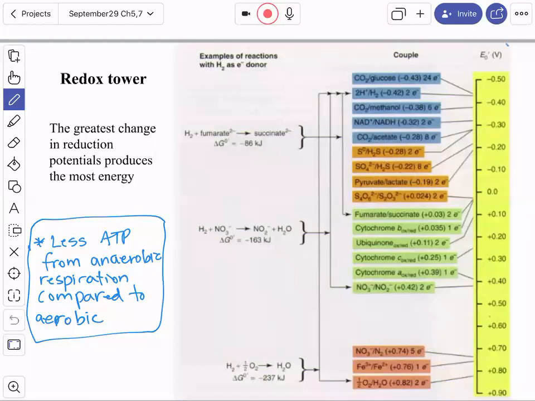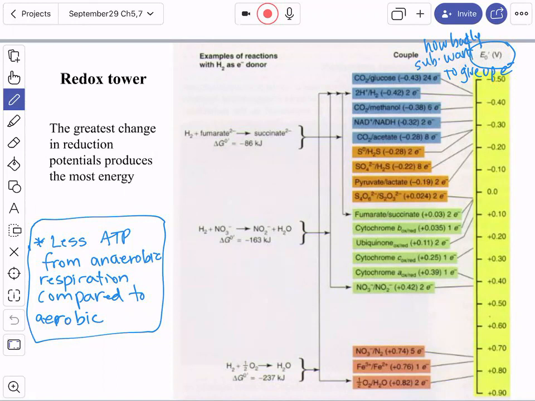It's pronounced E naught prime, and that's a measure of how badly substances want to give up electrons.